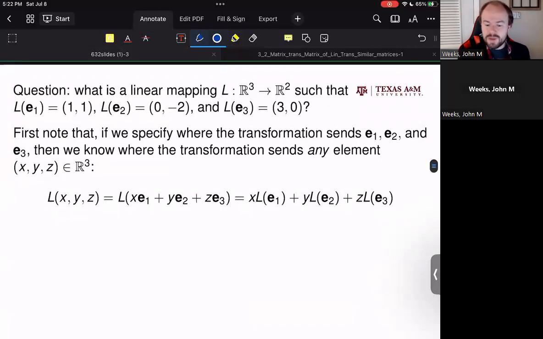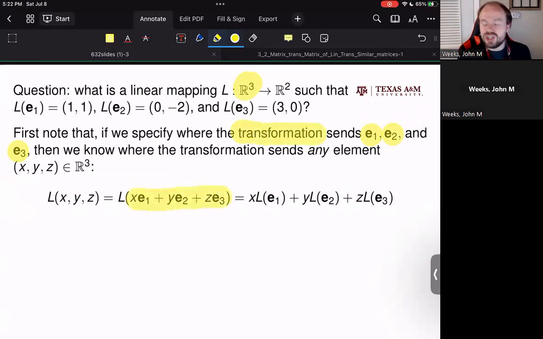First, we note that whenever you specify where E1, E2, and E3 go, then you know where all of R3 goes, because these three vectors span all of R3. That means any linear combination of E1, E2, and E3 is also sent somewhere we know.